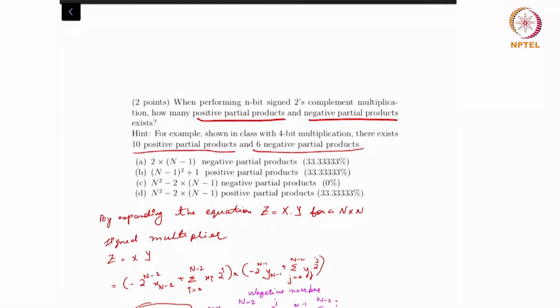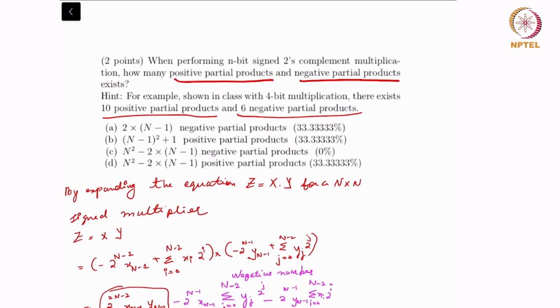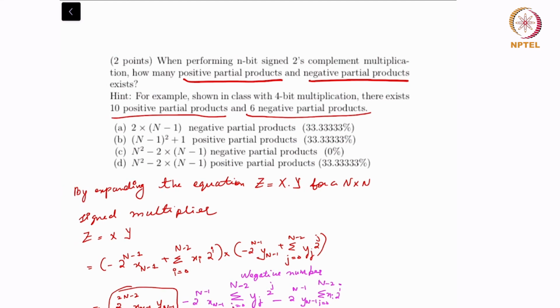Finally, question 10. When performing an n-bit signed 2's complement multiplication, how many positive partial products and negative partial products exist? For example, as shown in class, for a 4-bit multiplication, there exist 10 positive partial products and 6 negative partial products, right? So now let's look at the equation.